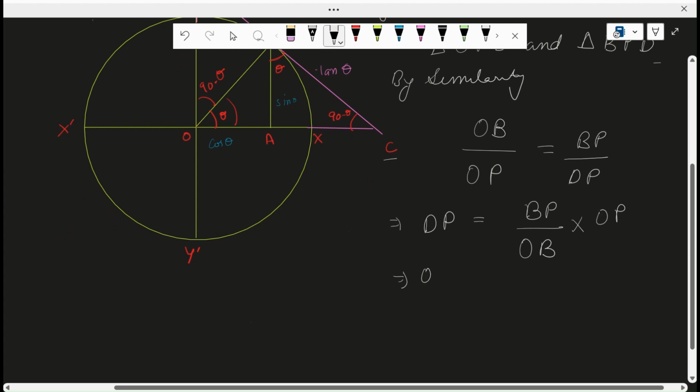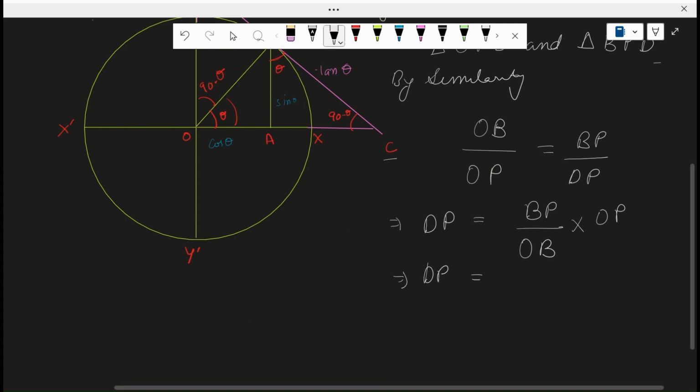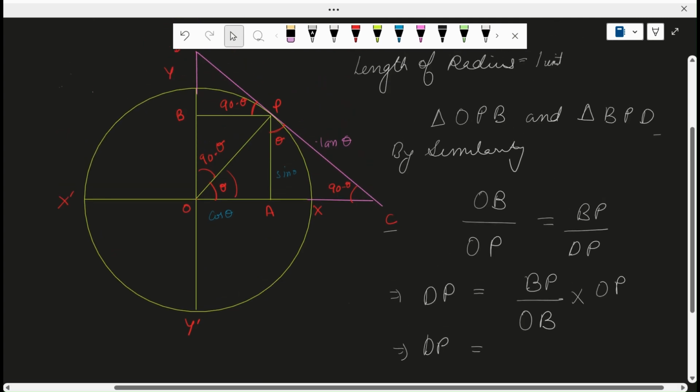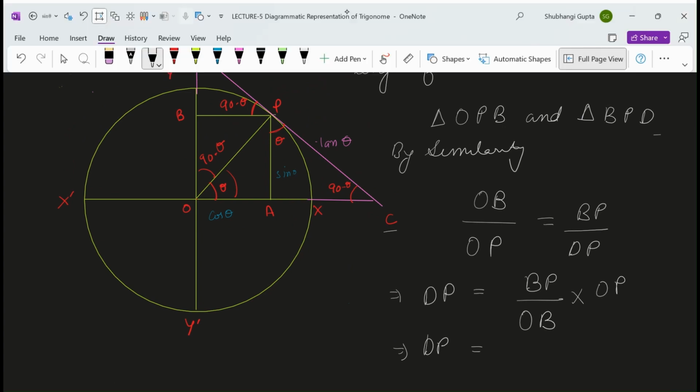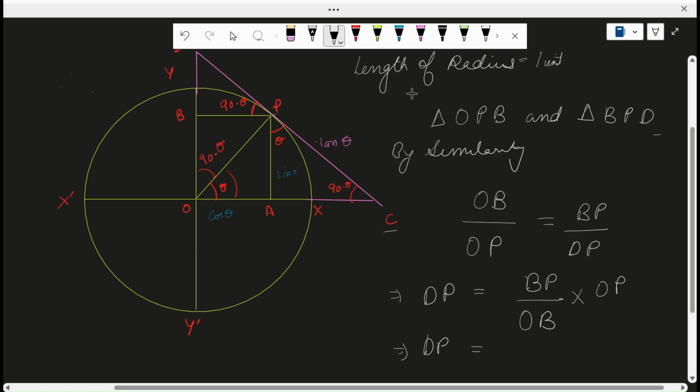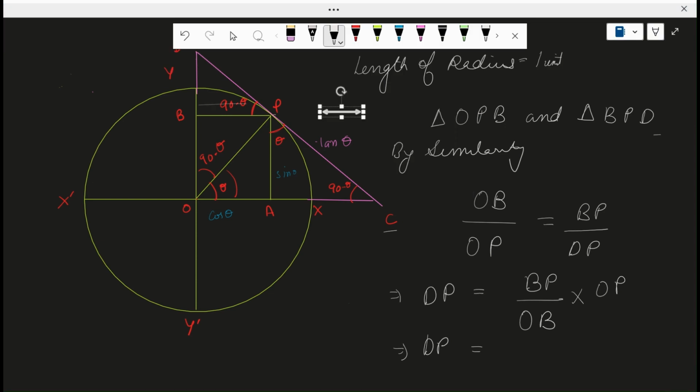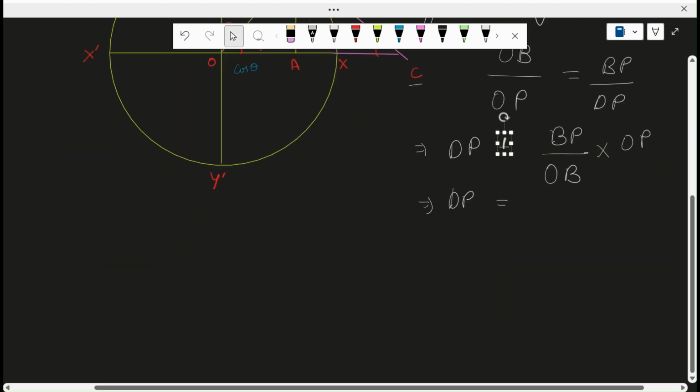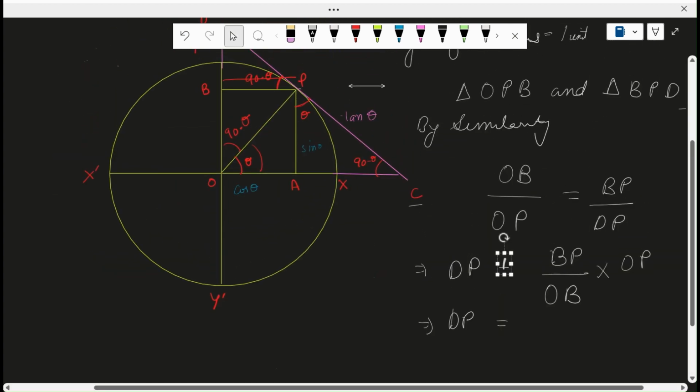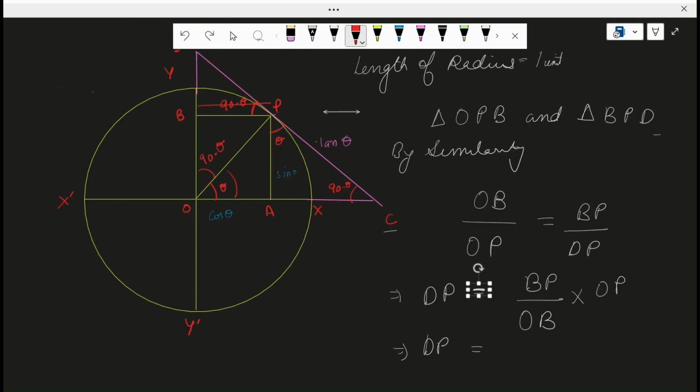We can see DP. So we can see here BP, that is this length. Let's make it with the red. This length will be again cos theta because it is opposite in a square.